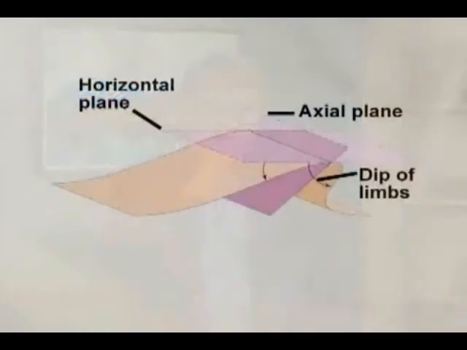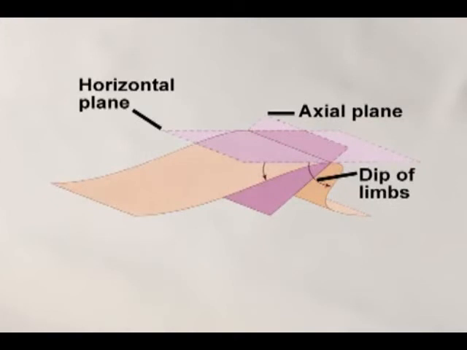And if you continue to do that, the sequence is as follows. The asymmetry of the fold simply starts to change. As we apply more force and more energy to it, the axial plane continues to tip over on its side like that. Pretty soon you get to the point where the far limb, the one pointing in the direction in which your right hand was moving, is now vertical.